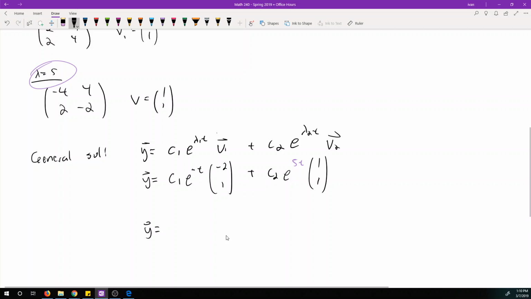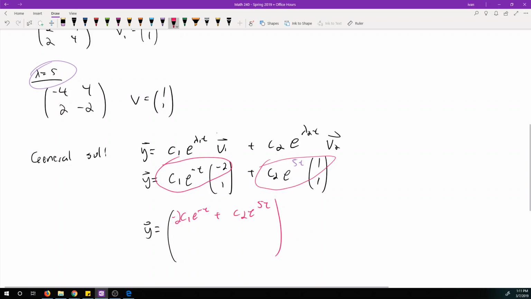But if you write it as a vector, then you just combine the terms. So for example, this top term is going to be negative 2 times c1 e to the negative t plus c2 times e to the 5t. So c1 e to the negative t, or negative 2 times that, and then you add it to c2 e to the 5t.